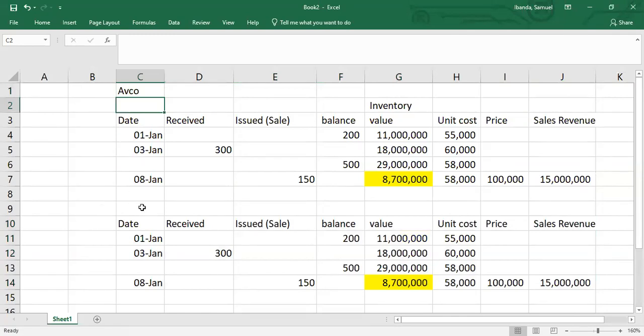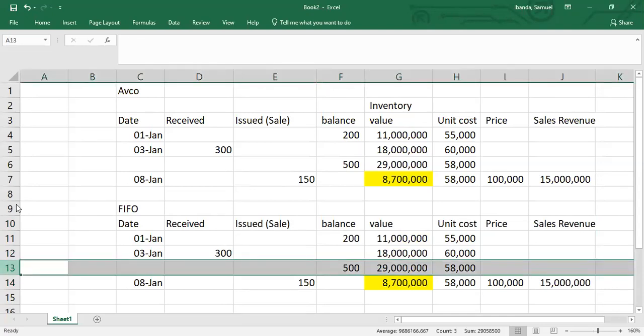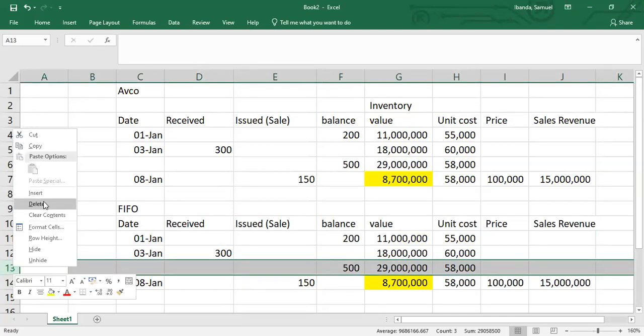But if this was FIFO, what this means is that when we come to 500, this 500 will not be of interest. If it's FIFO, we will not be interested in getting this value.